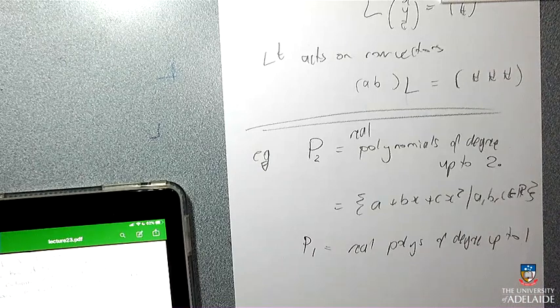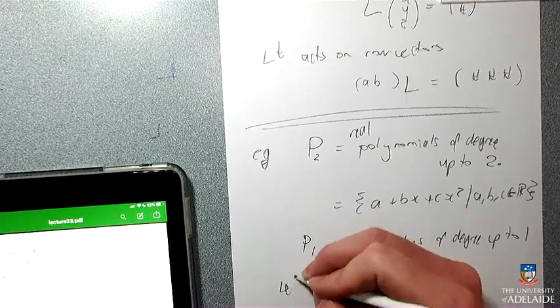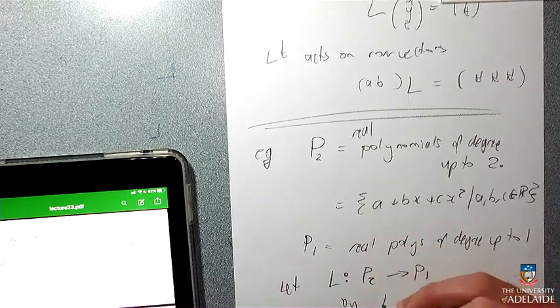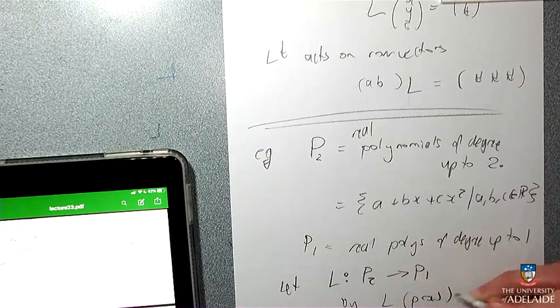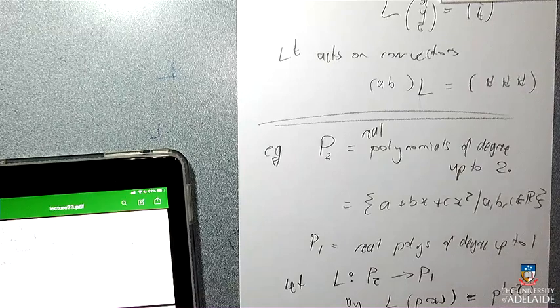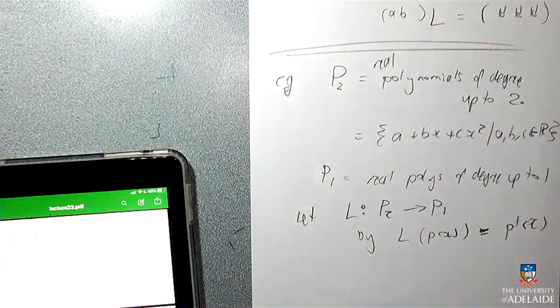There's a linear transformation that goes from P2 to P1, which is differentiation, like that. So I'm wondering what L transpose is. That's what I'm wondering.